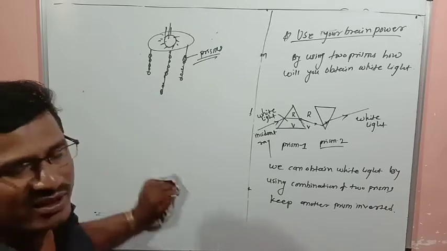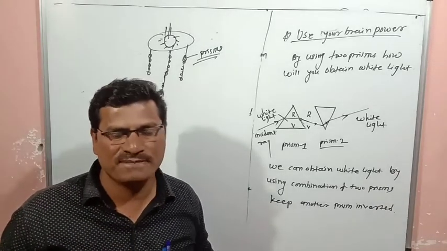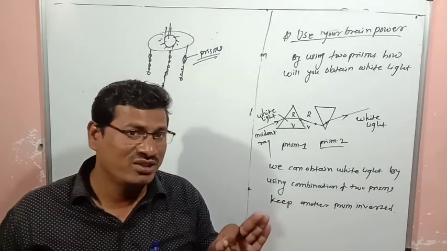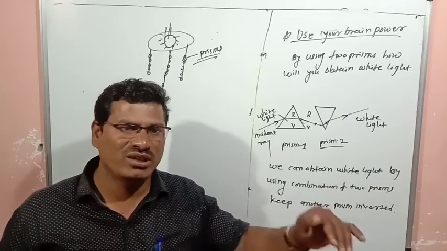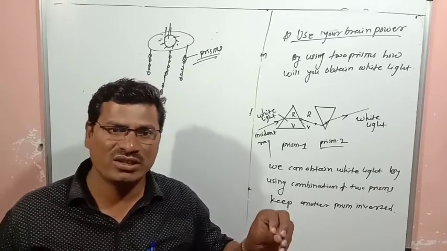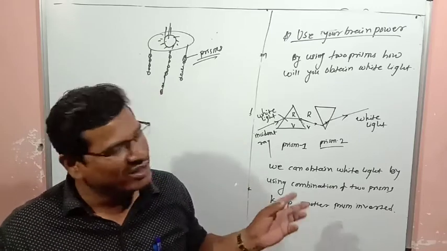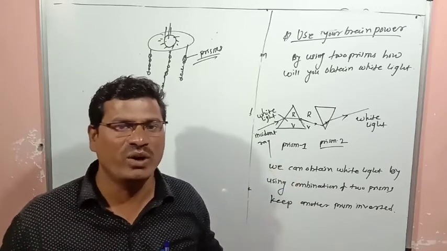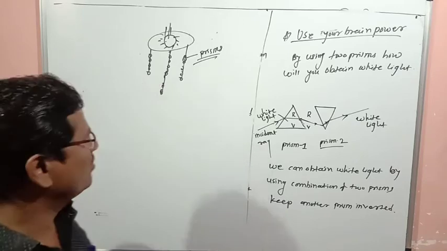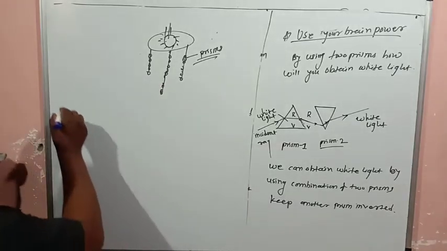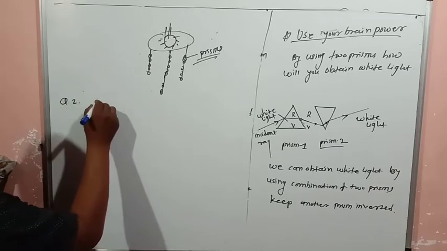The question is, in chandeliers, if you are using a tungsten bulb, then the light gets refracted and you get a colorful effect. And if you are using an LED bulb, then why do you not get that particular colorful effect? This is question number 2.